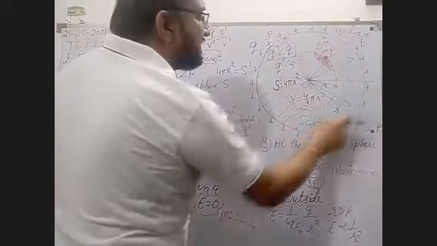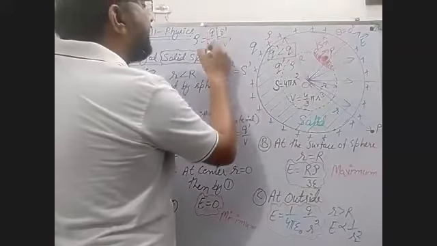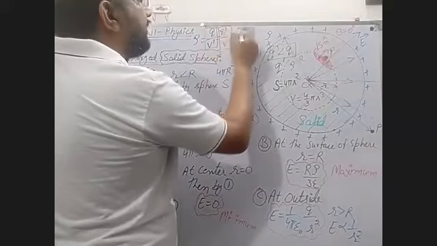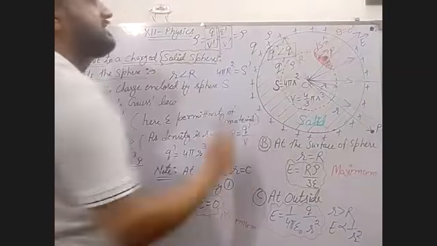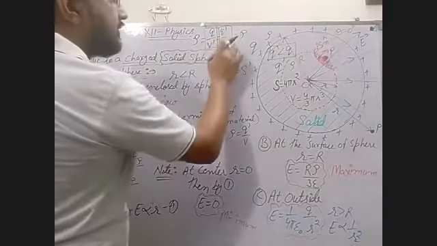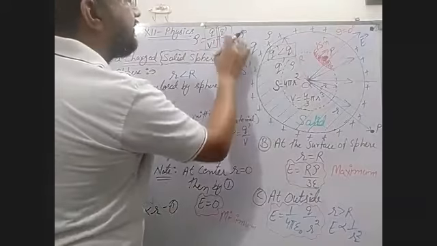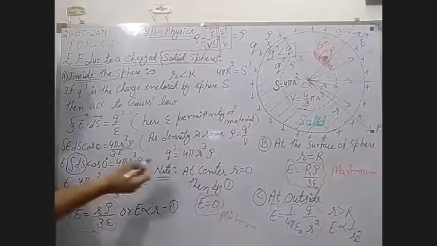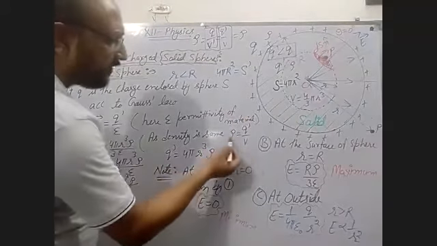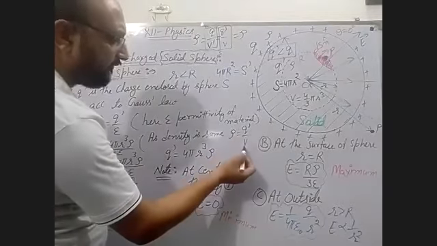Because the density is the same, you can take rho for both. So rho is equal to Q dash upon V dash.